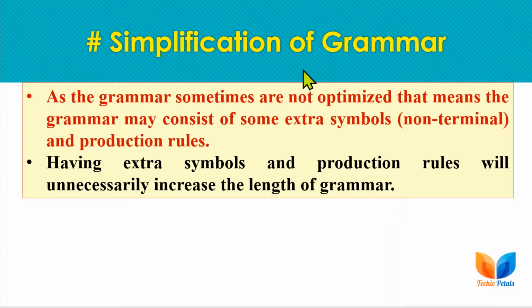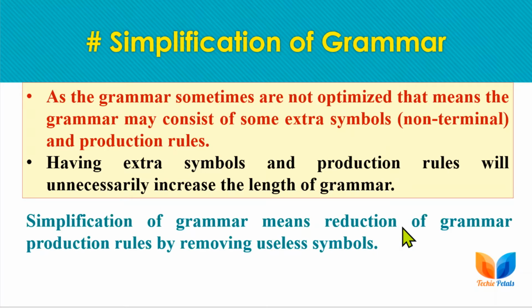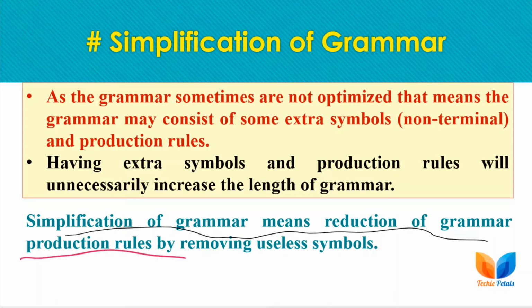So all these extra production rules and unnecessary symbols must be removed from the grammar, and this process is known as the simplification of grammar. So simplification of grammar means the removal or reduction of grammar production rules by removing the useless symbols or useless production rules from the grammar.